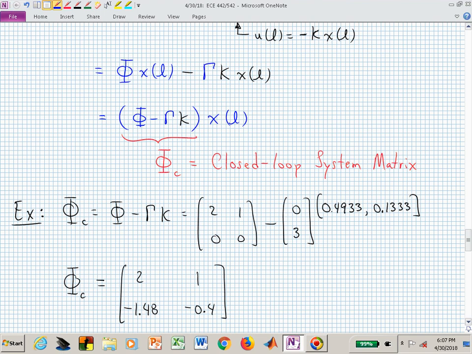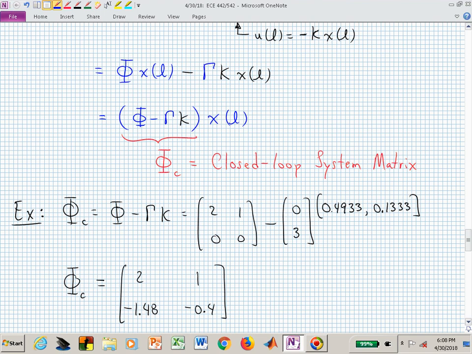But here the gamma is 0 in the top row, and so you're not changing anything in the original system matrix phi's top row. You are injecting information into the bottom with a gain of 3. And that's now where we changed these all zeros in the phi matrix, the open loop phi, into something different.